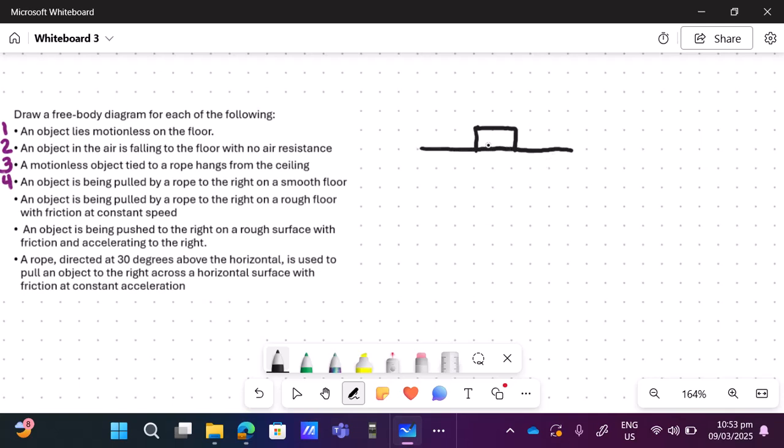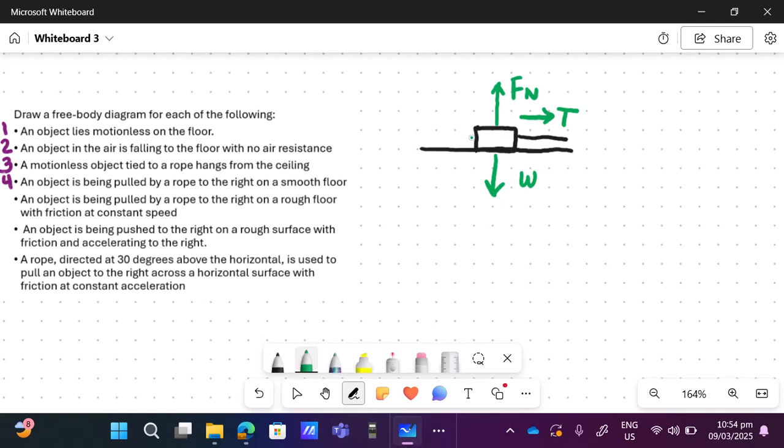Then of course we have a rope, horizontally. Assume that's perfectly horizontal. So we know that there is force due to tension. Then aside from that, we have force due to gravity, and then we have the normal force, and then the rough floor's friction.